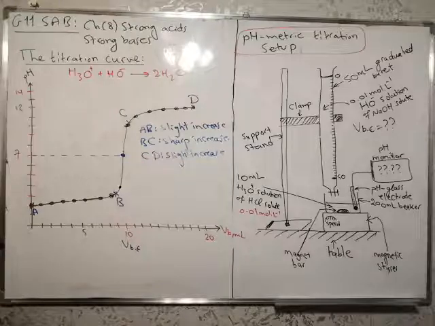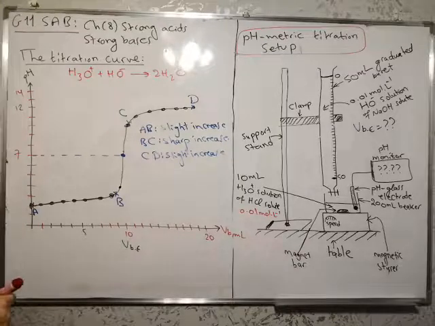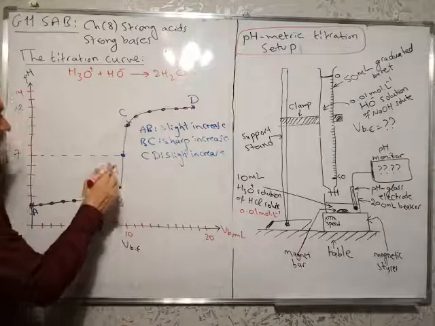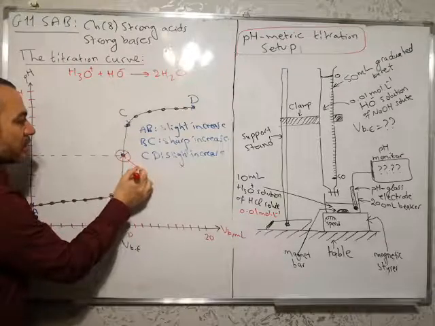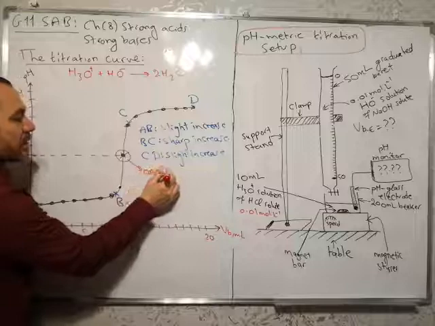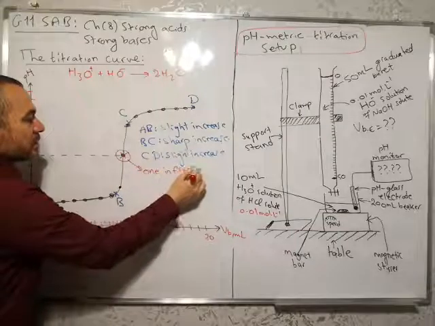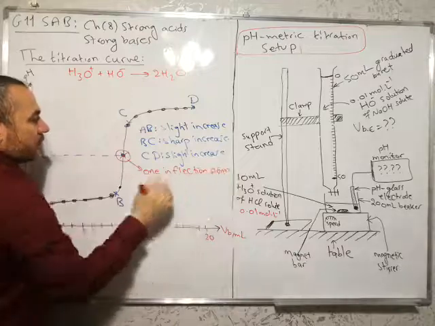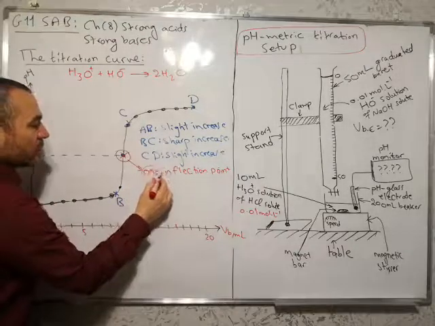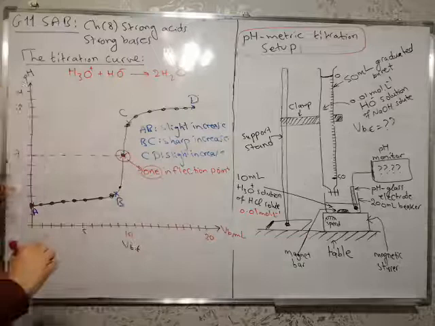Now, what are the other characteristics of such a titration curve? This titration curve is characterized by one inflection point. Only one inflection point.